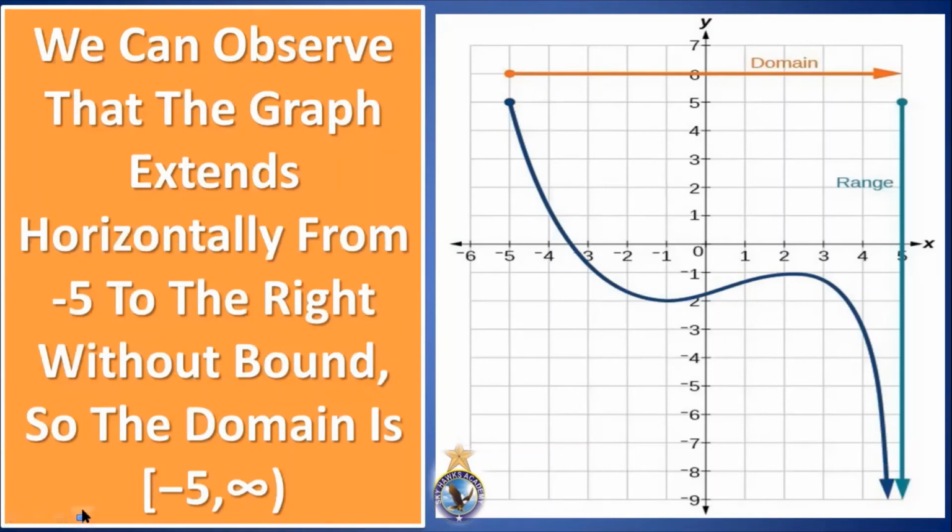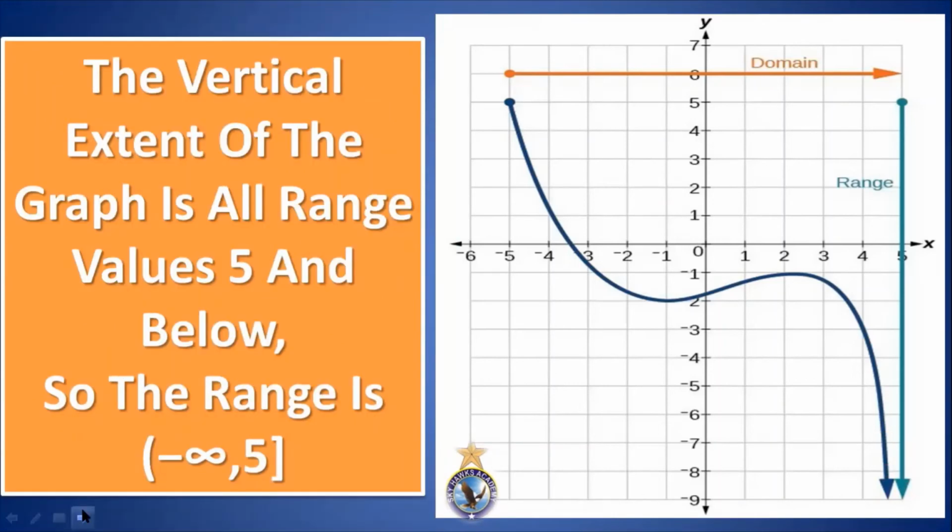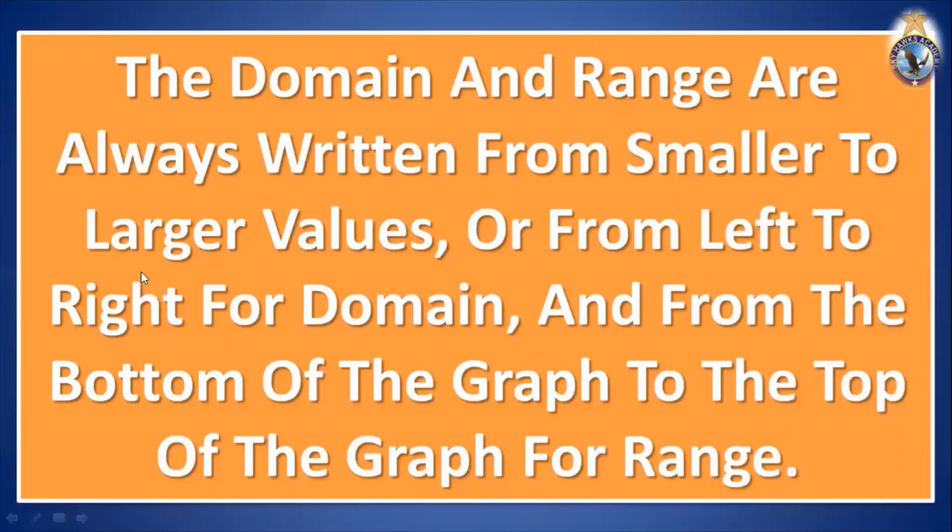Okay, this was the previous one, and now we are moving forward. Please read this one. Sure. The domain and range are always written from smaller to larger values: left to right for domain, and from the bottom of the graph to the top of the graph for range.